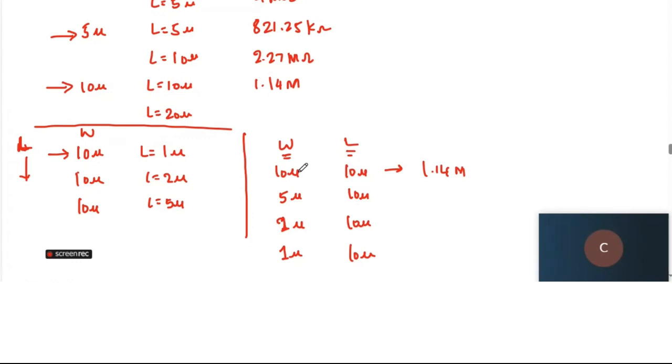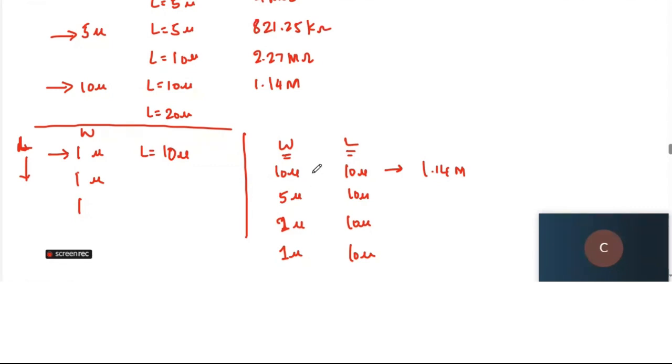So we are just decreasing the W, and we'll keep L constant. And then in the other case, we'll fix L as constant again. I just want to show you the dependency on both W and L. Now here I decrease the W. Now here we'll try to increase the W. And both are the same, either this way or that way.